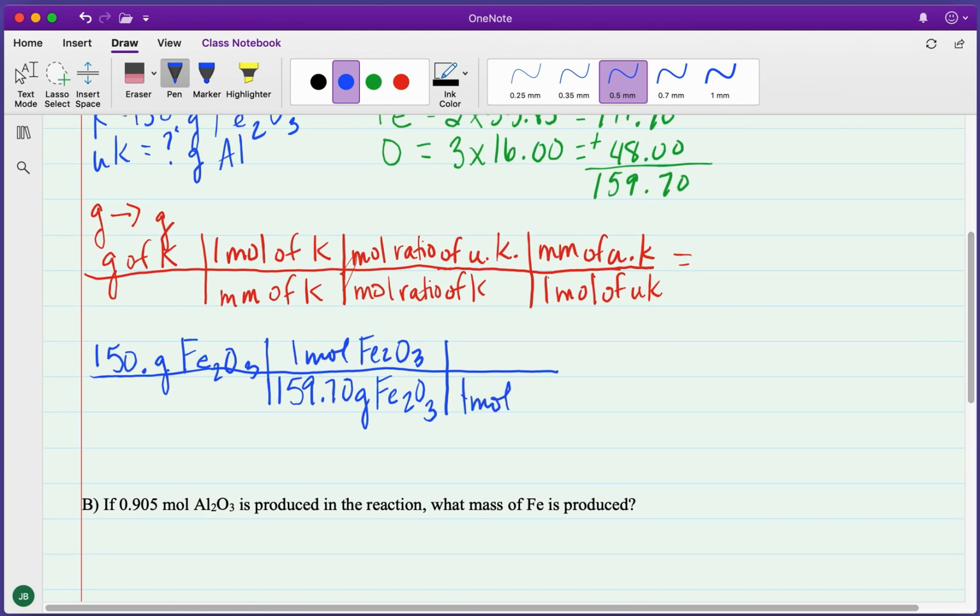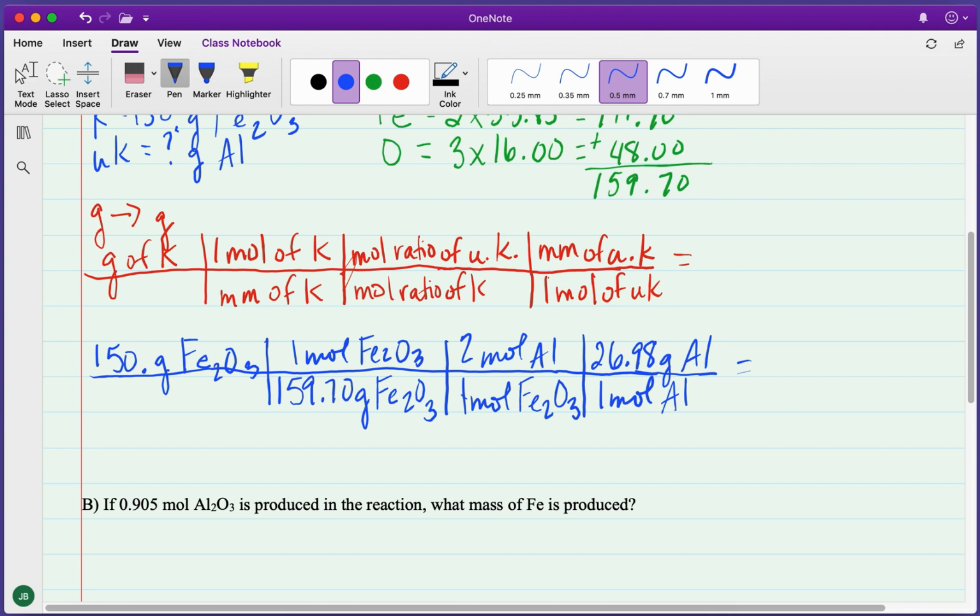So for every 1 mole of iron 3 oxide, I'm going to have 2 moles of aluminum. And then let's put in our molar mass of aluminum. So we're going to use that 1 mole of aluminum, and then the molar mass, which is 26.98 grams of aluminum.